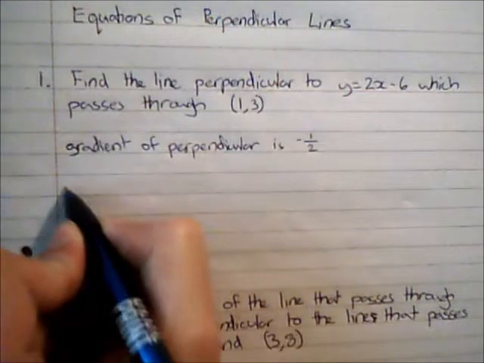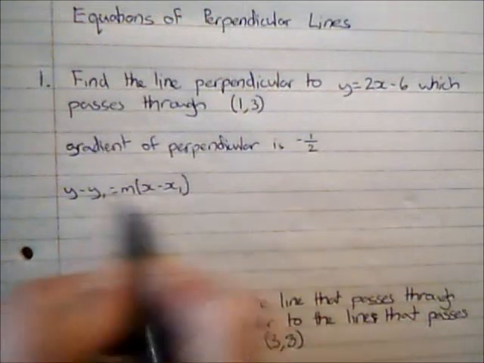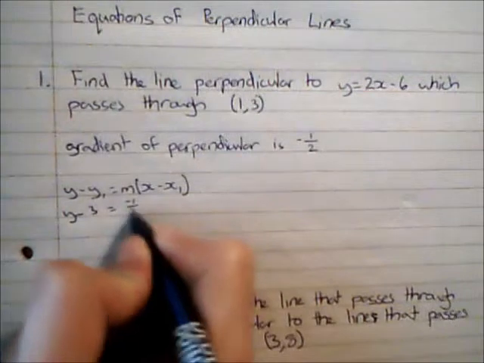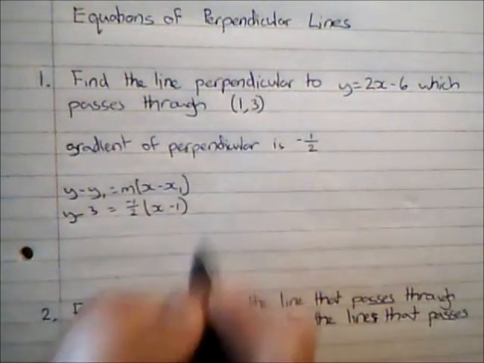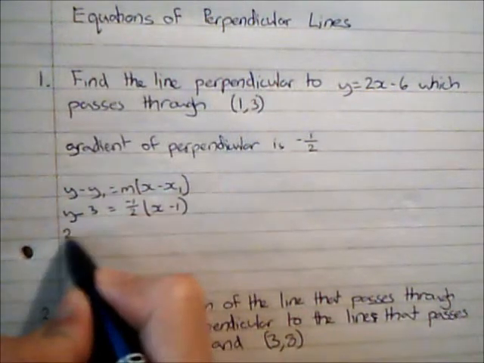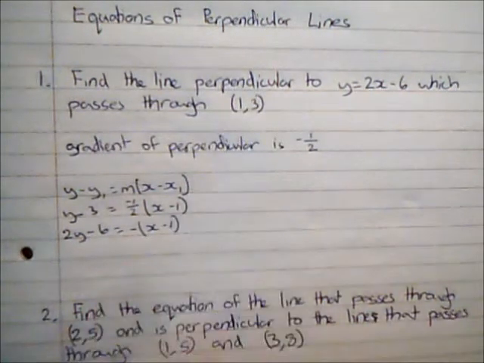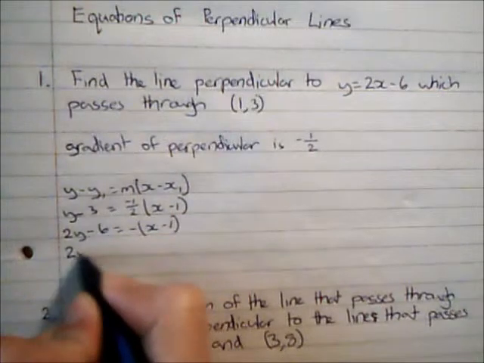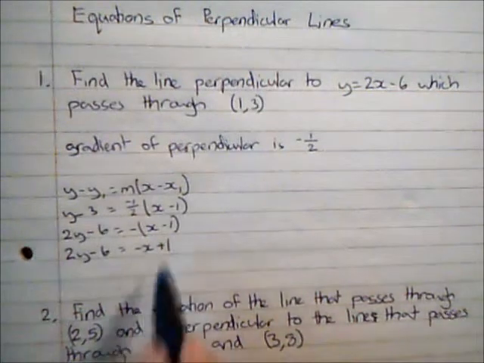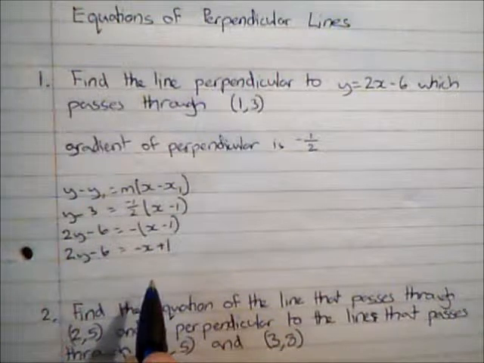So now I can use the formula y minus y1 equals m(x minus x1). So y minus 3 equals -1/2 (x minus 1), and rather than expand this bracket I'm going to multiply through by 2, so 2y minus 6 equals -(x minus 1), 2y minus 6 equals -x plus 1, and then I'm going to move both these terms across so it's in the form ax plus by plus c equals 0.